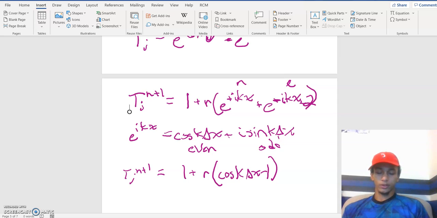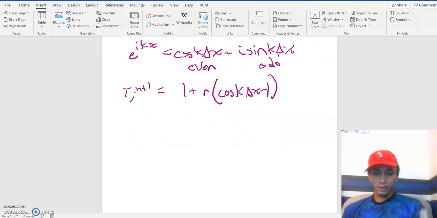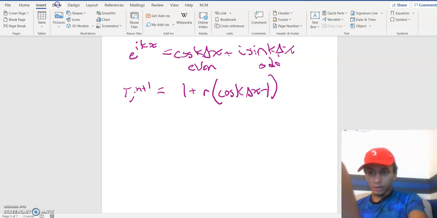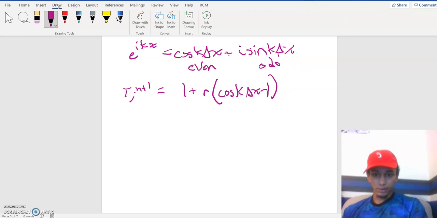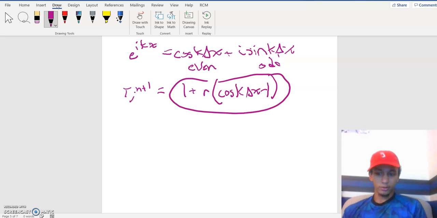And what we know from the stability equation is, when it gets bigger than 1, it's going to go to infinity and negative infinity. So this value actually has to be smaller than 1. But we're going to take the absolute value of this.